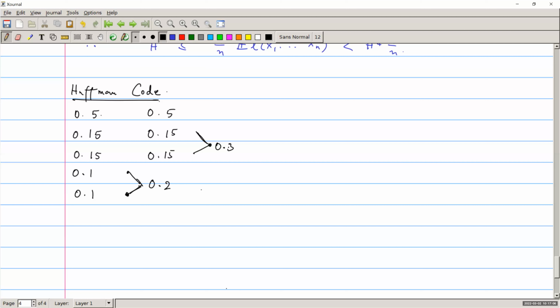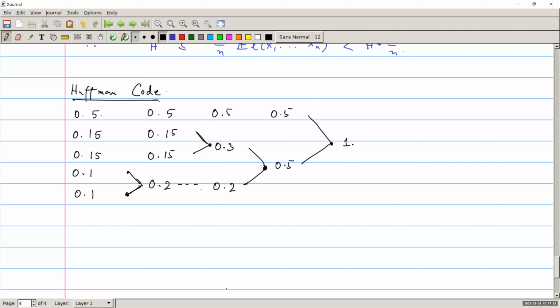In the next step, you have 0.5, 0.3 and 0.2. The two smallest probabilities are 0.3 and 0.2, so you join these into a node, and you continue this till you get 1.